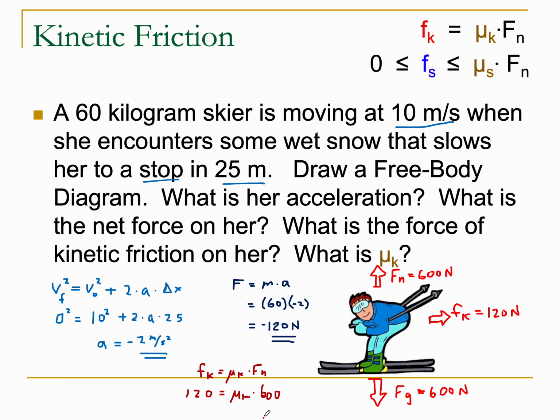Dividing both sides by 600, you get mu sub k is 1/5, or 0.2. Again, a unitless quantity. Good. You're like, Ms. Clomber, that doesn't match the mu for skis on snow. Yeah, this is wet snow, technically, so we don't know what the mu is ahead of time, so it doesn't match the table you saw earlier.